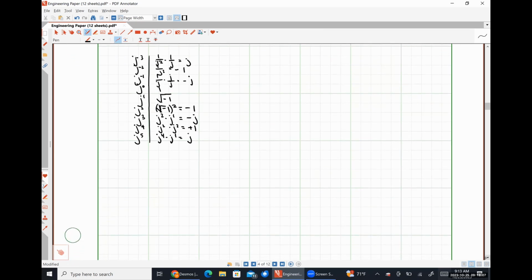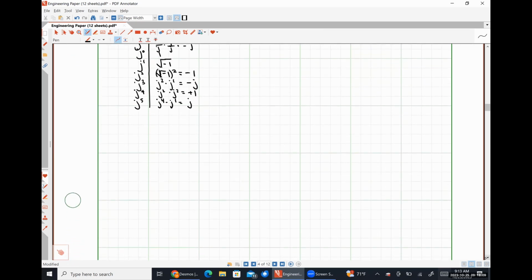let's talk about an actual complex number. A complex number is simply a number that contains both a real and an imaginary part, okay? We can express this in a multitude of ways, the first of which is a rectangular form.